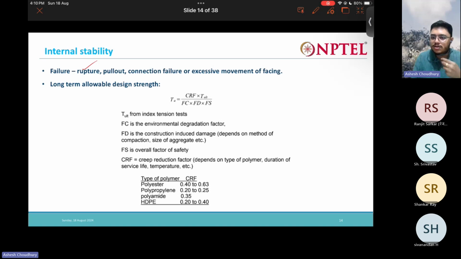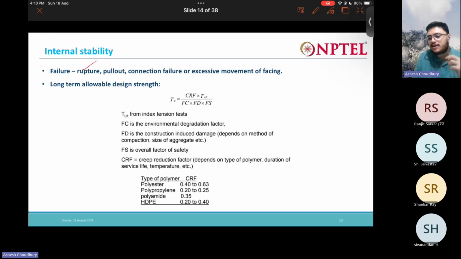So what is pull out? What do you mean by pull out? When does pull out happen? When the interface frictional force is less than whatever shear load that is coming, at that time we have pull out.